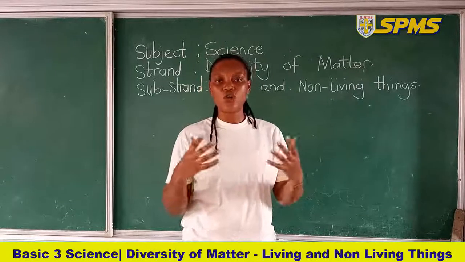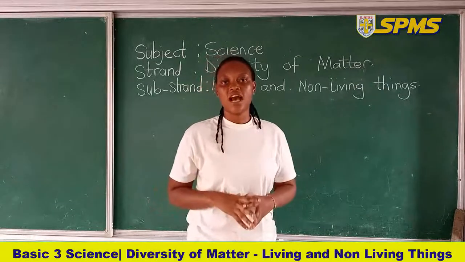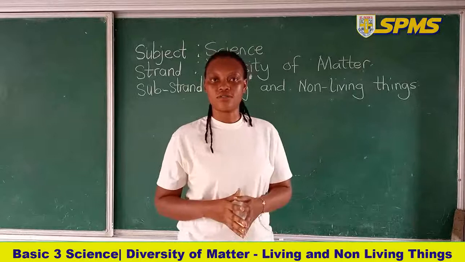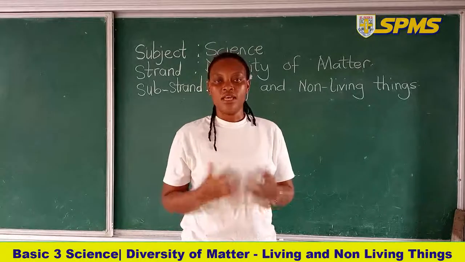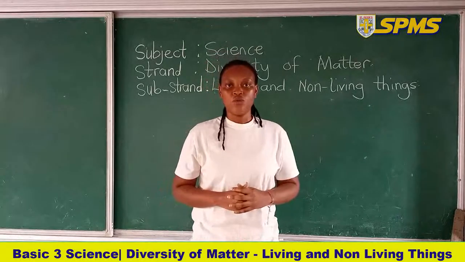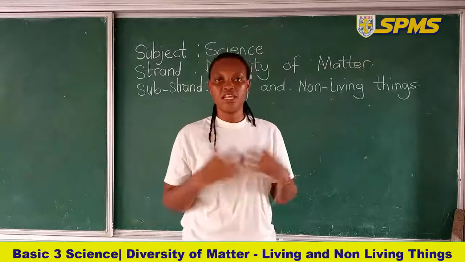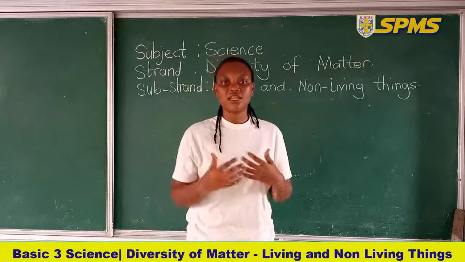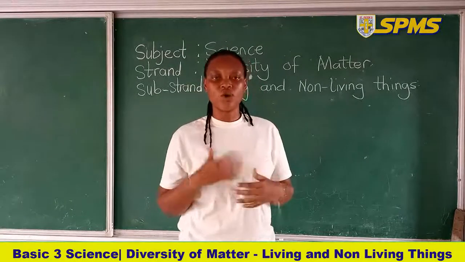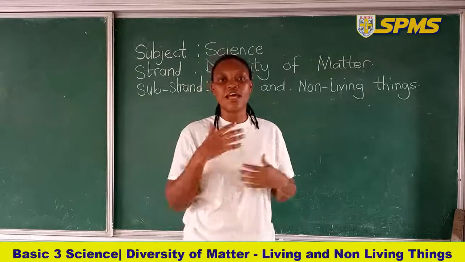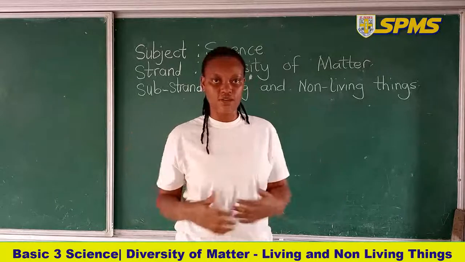And then you also looked at different kinds of animals. In this lesson, we'll continue with the living things, but then we'll look at their life processes, how they are able to sustain or to live.